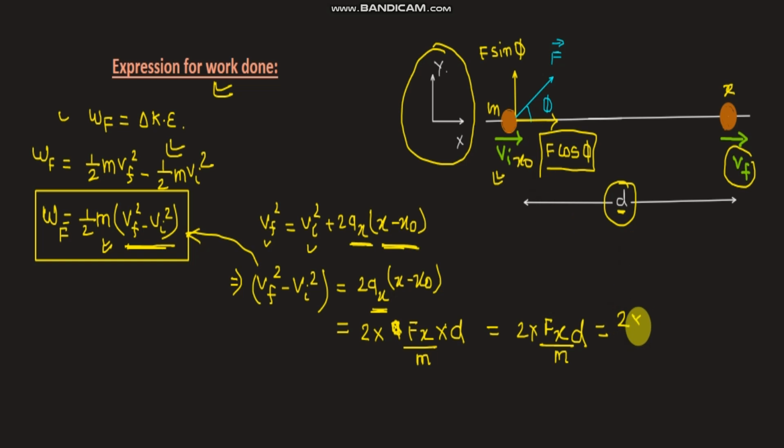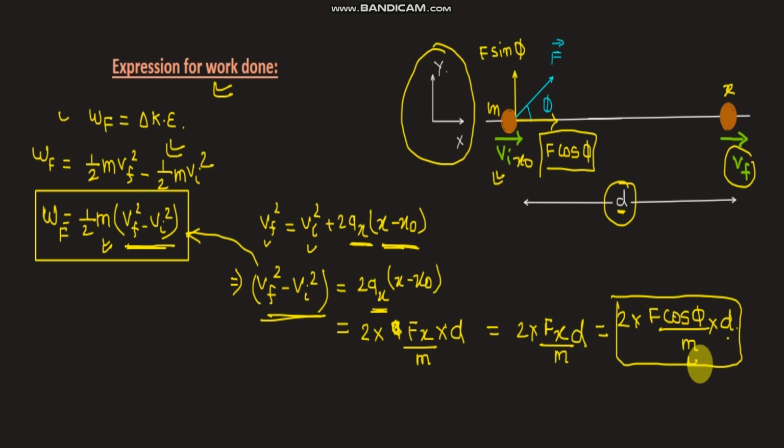So we put the value here: 2 F cos phi divided by m into d. So we have found the value of v final square minus v initial square, in which F, phi, d and m are all given. So we can directly put this value in this equation.